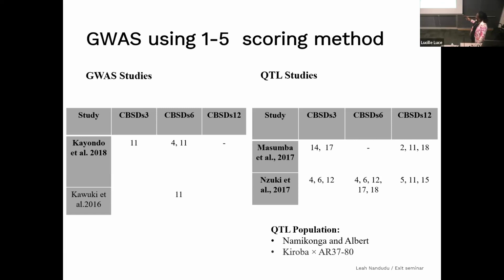So 2 studies have been done using QTL studies, and you can again see that they pick out different genomic regions associated to the different severity scores, either on the foliar or on the root symptoms. So that tells you that some work has been done, but it's really difficult to pinpoint which region in the genome is actually controlling CBSD severity scores.